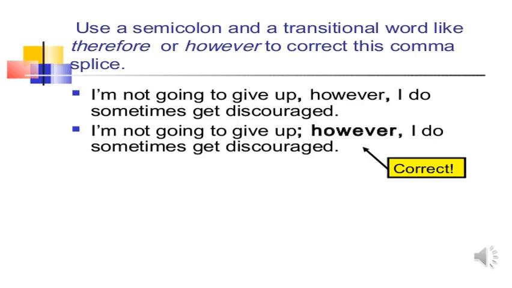We can use a semicolon and transitional words like therefore or however to correct this comma splice. I am not going to give up, however, I do sometimes get discouraged. The correct way is to say: I am not going to give up, semicolon, however, comma, I do sometimes get discouraged. I hope it's clear.